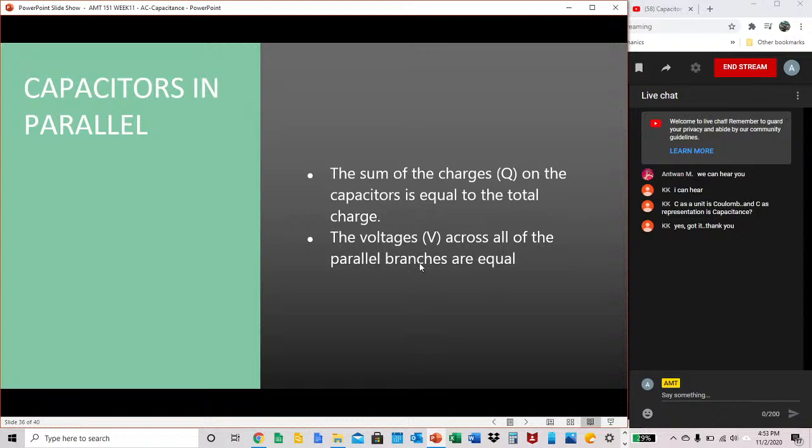The voltage across all of the parallel branches are equal.